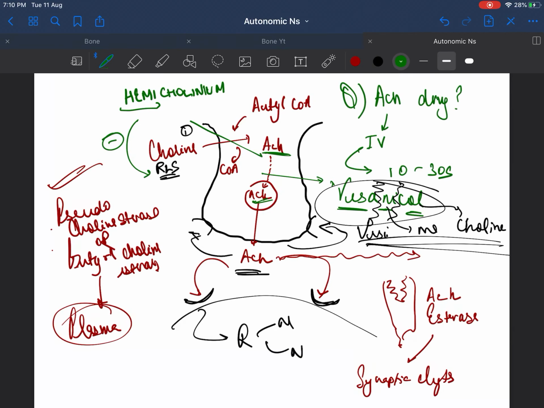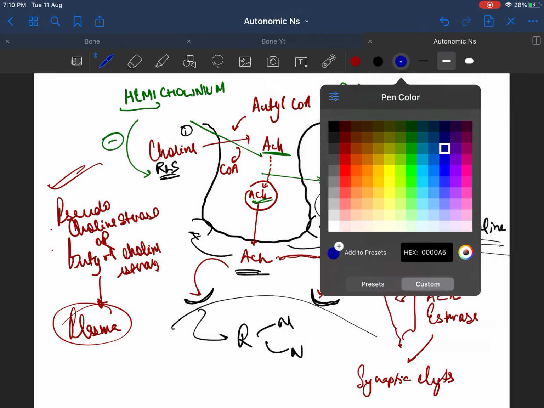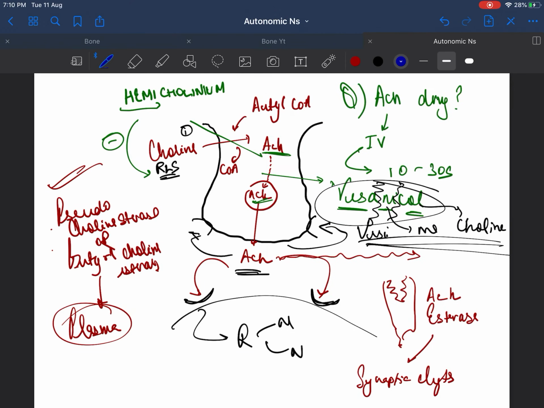And then we have a very poisonous but very therapeutically good drug which inhibits this step, the release of ACH, and this is known as botulinum toxin. So Botox, which is very much used in plastic surgery.